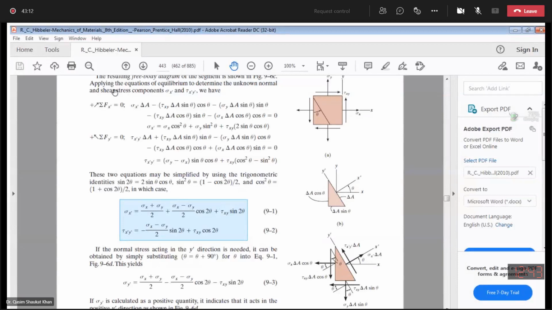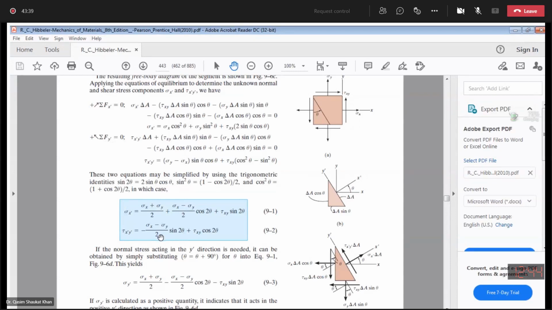Then we can apply the equations of equilibrium: the summation of forces about the x dash axis is 0, and the summation of forces about the y dash axis is 0. So we will get these equations.